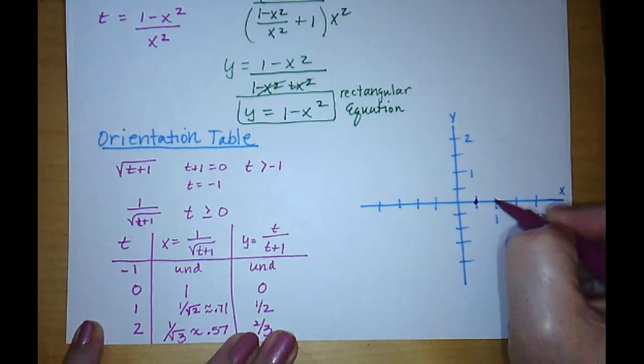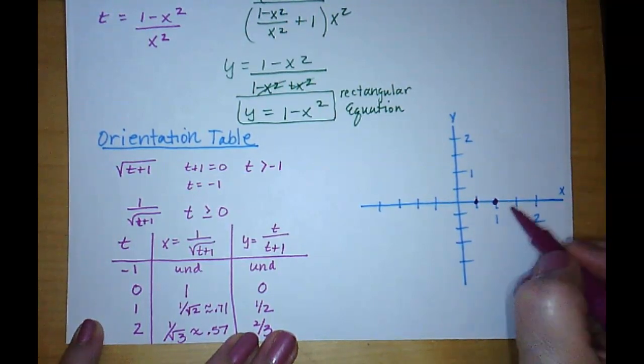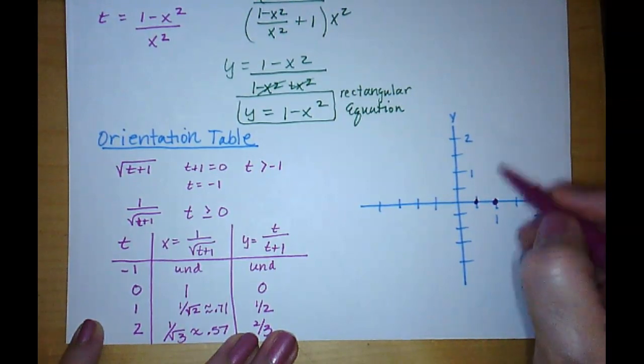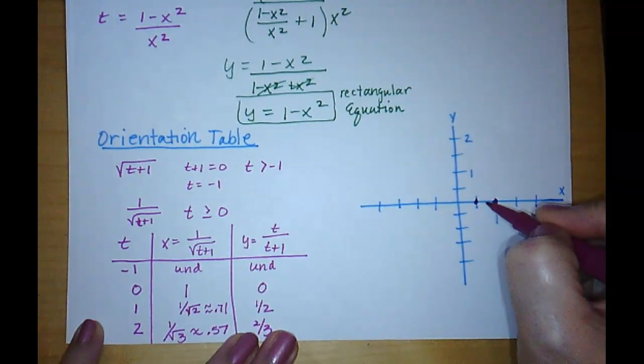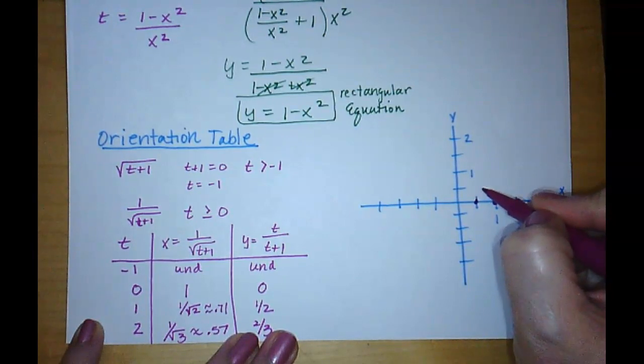Oh, sorry, there's 1 right there. Went on the wrong line, didn't I? So 1, 0. And then the next one is going to be about 0.71 and a half. So 0.71, here's 0.5, 0.71 here. And so, you know, half is going to be like somewhere in there.